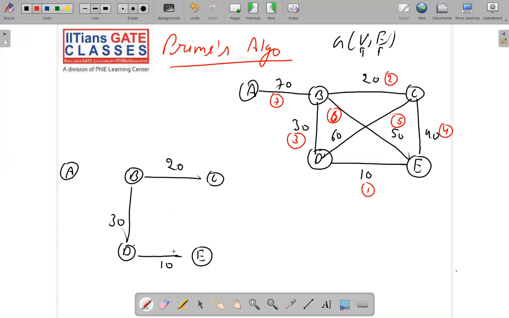Now, once we enter the first, second, and third with increasing order of weight, we cannot enter the fourth, fifth, and sixth because they are making a cycle. Right now, I'm drawing Kruskal algorithm. This is not Prim's algorithm.